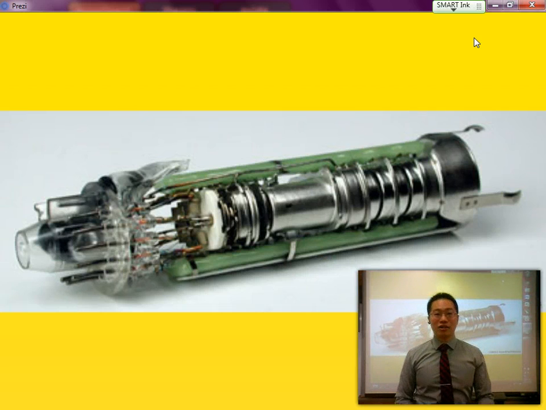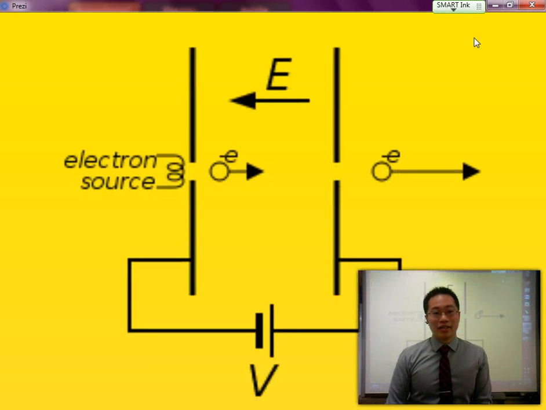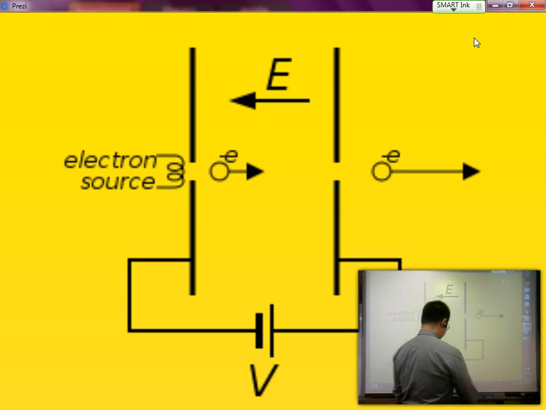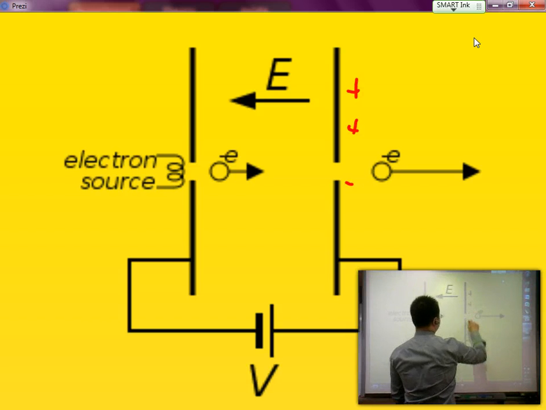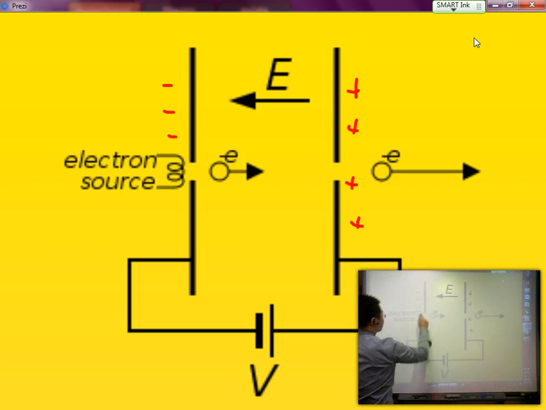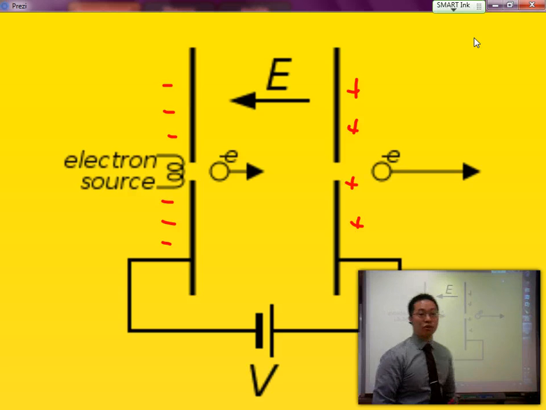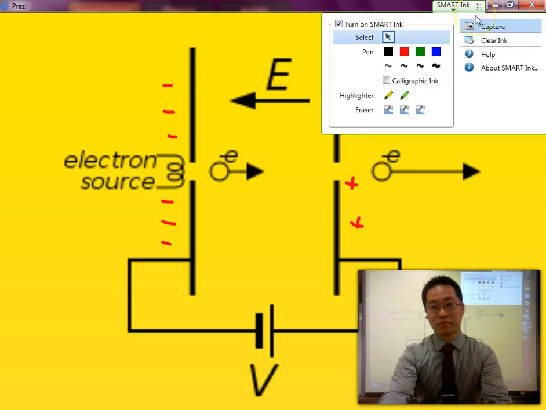And with these CRTs, you'd actually have inside basically a parallel plate where a cathode gives off electrons, which are then accelerated towards the positive plate, and they're shot towards the TV screen.